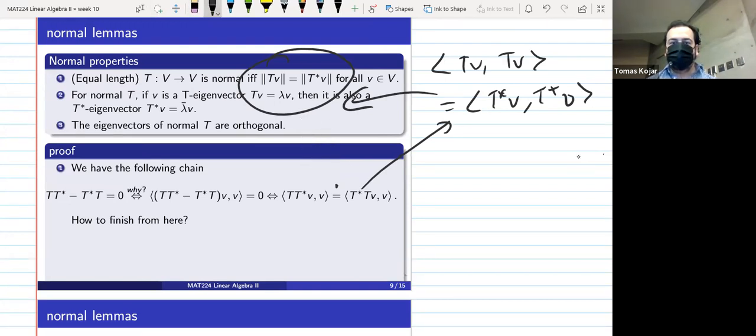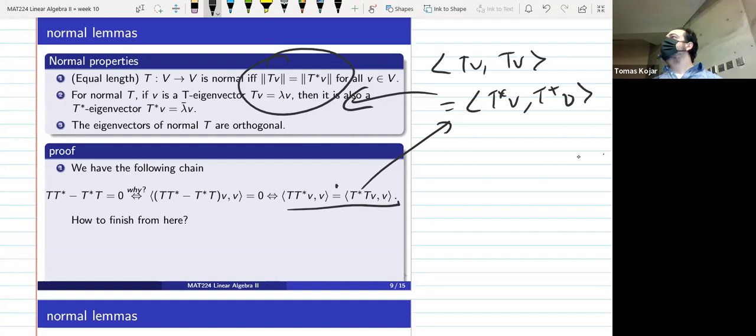I'm just asking, how do I go from here to the one he mentioned that I square both sides? How do I go from there to there? I just want to hear the one word that I want to hear. Yeah, that's all. It's just the adjoint property.